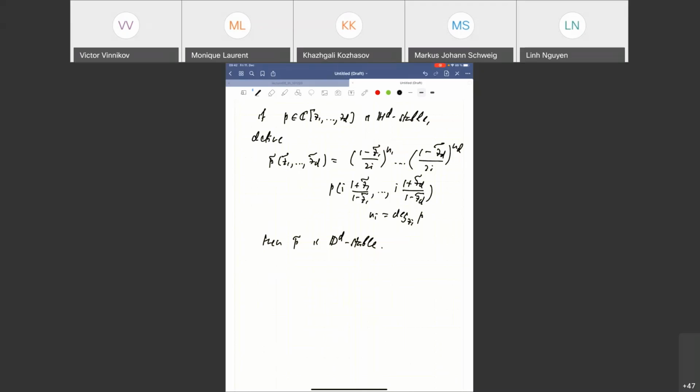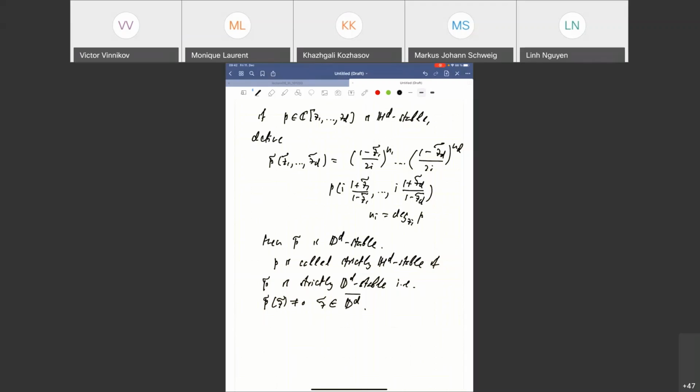And P is called strictly H^d stable if P tilde is strictly D^d stable, meaning that it does not vanish, including on the boundary of the unit disk.